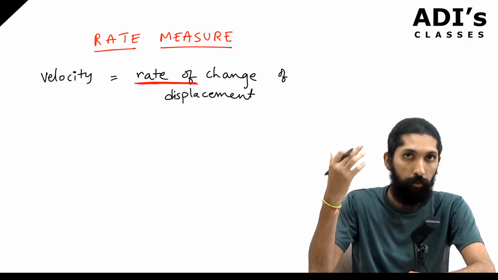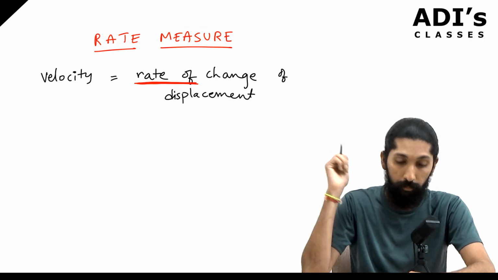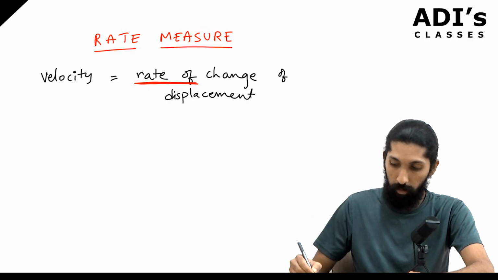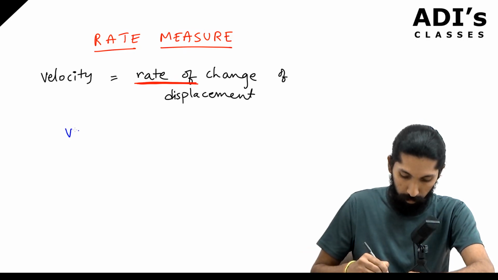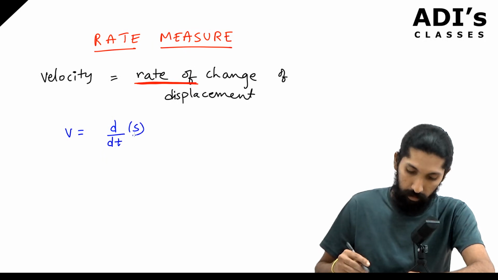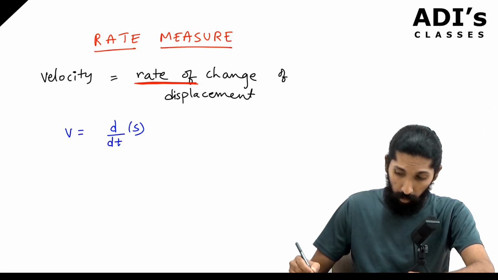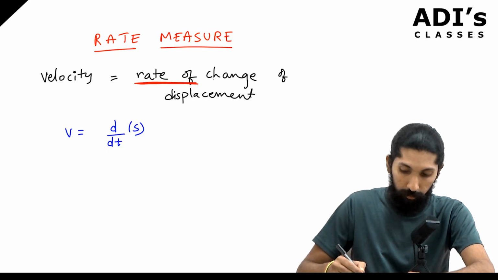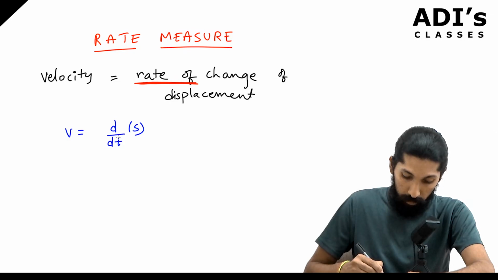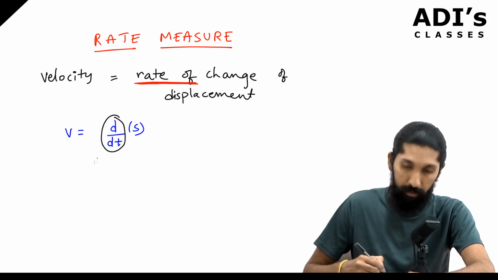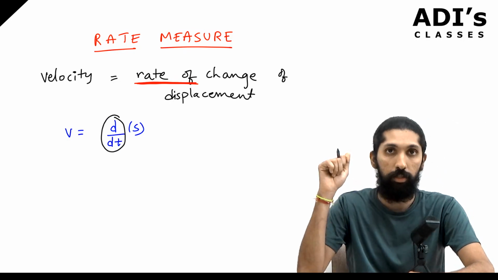Now, the mathematical formula is going to be a bit different. If you're writing velocity, v is equal to d by dt of s, s being the displacement. So in this case, what you see here, a rate of change is there, correct? So d by dt represents the rate of change.